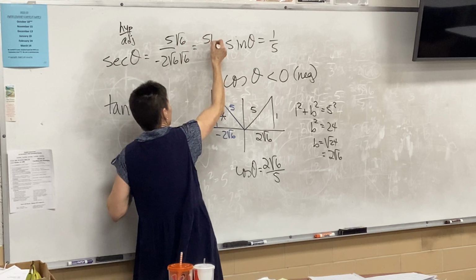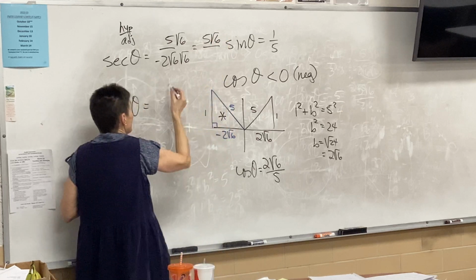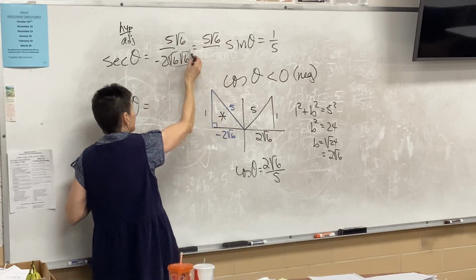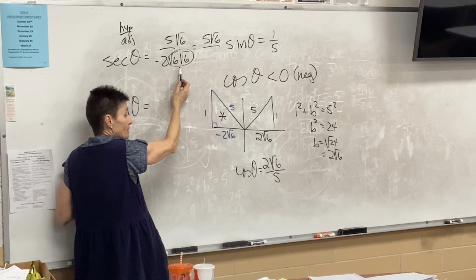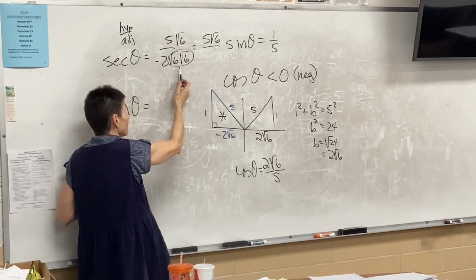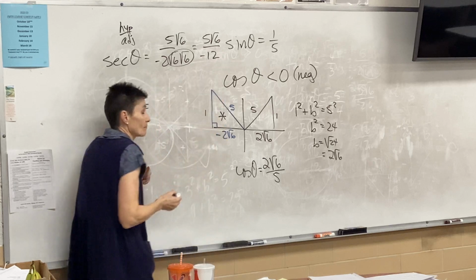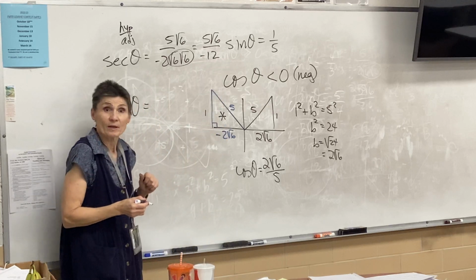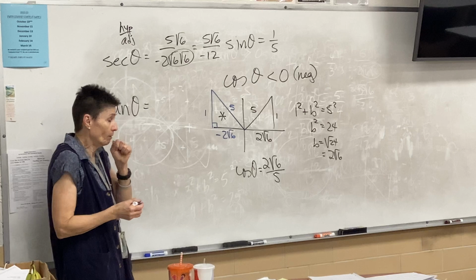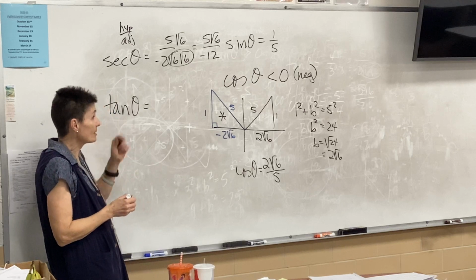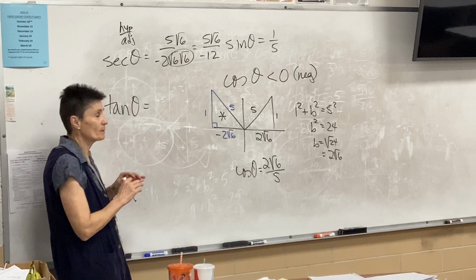So on top, I have 5√6. Now remember, √6 times √6 is 6, times 2 is negative 12. So there's your secant.